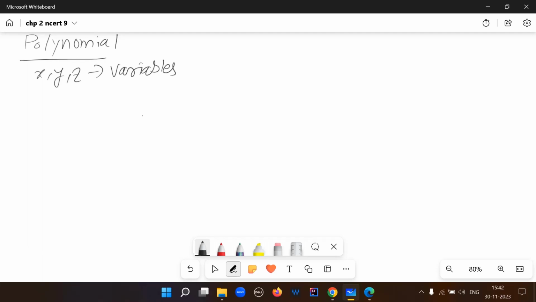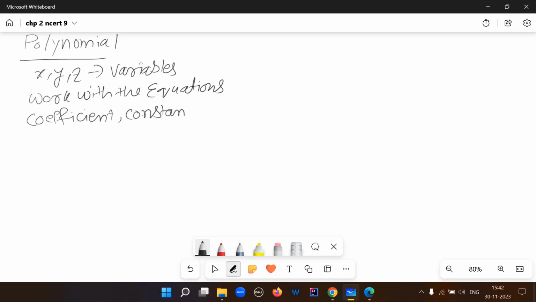Now we will study the equation and its parts. We will work with equations and know some other terms, like coefficient, then constants, and many of these.